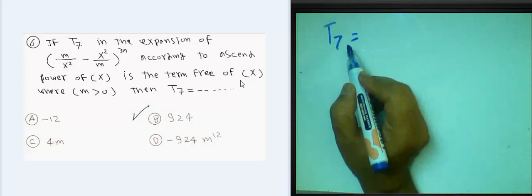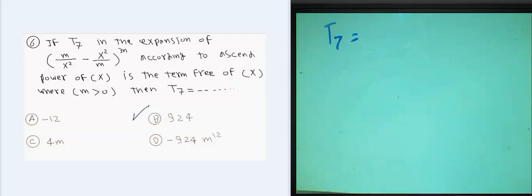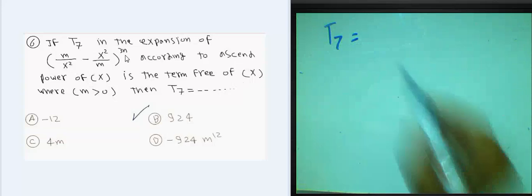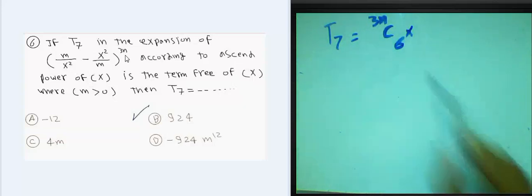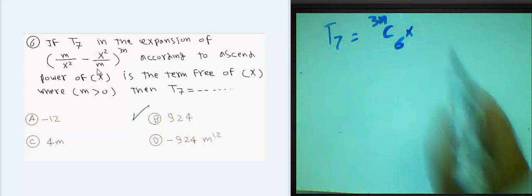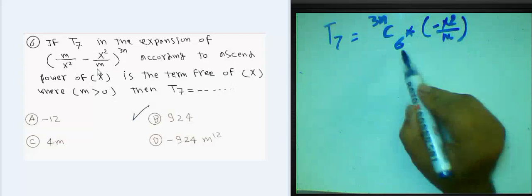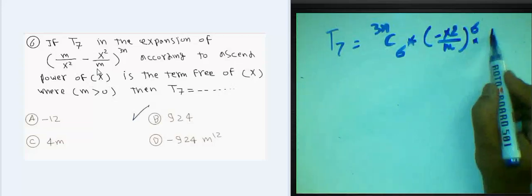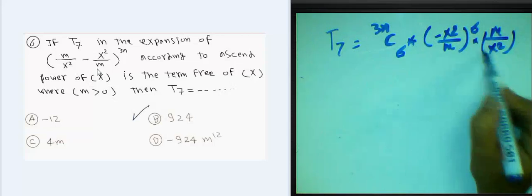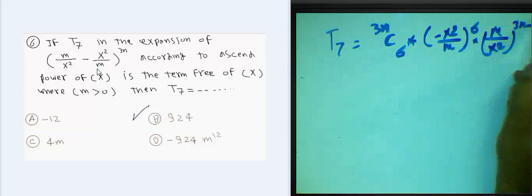For term 7, we can write the power 3n. Look at the left-hand side: 3n combination 6, multiplied by the second term, negative x squared over m, to the power 6, multiplied by the first term, m over x squared, to the power of the difference between 3n and 6, which is 3n minus 6.